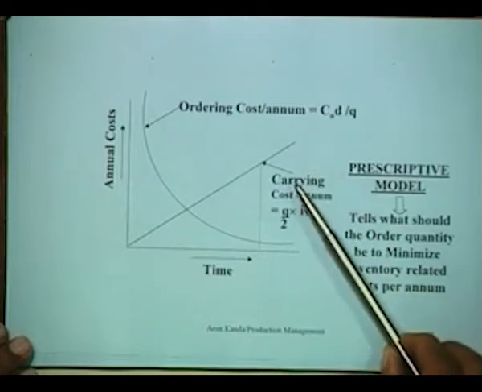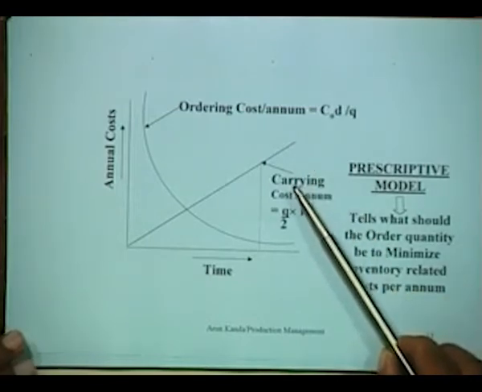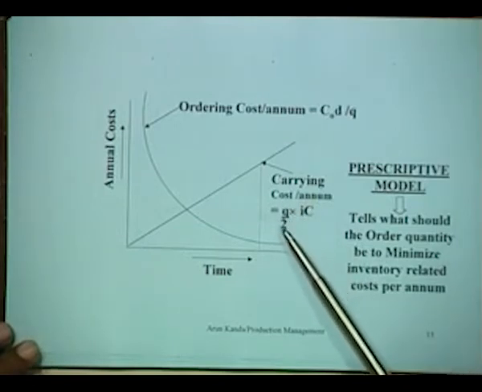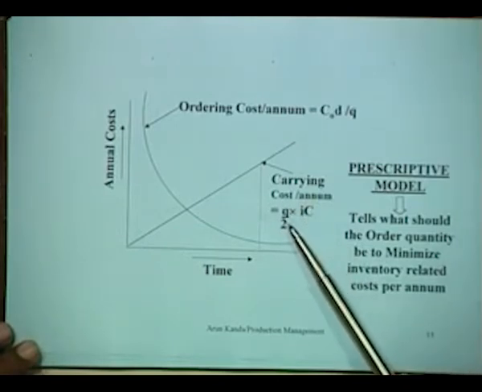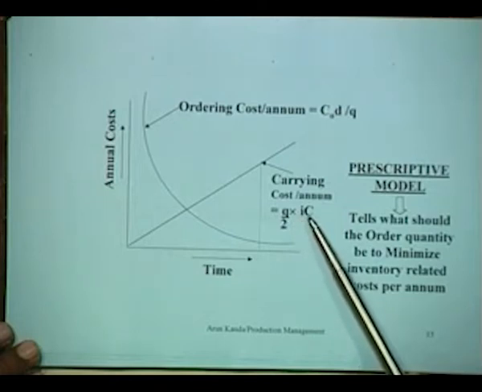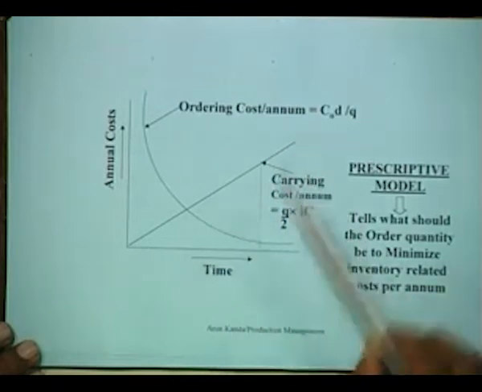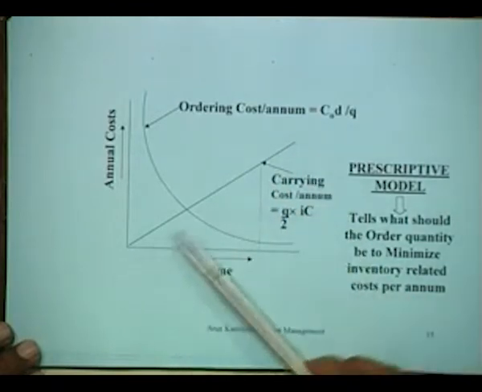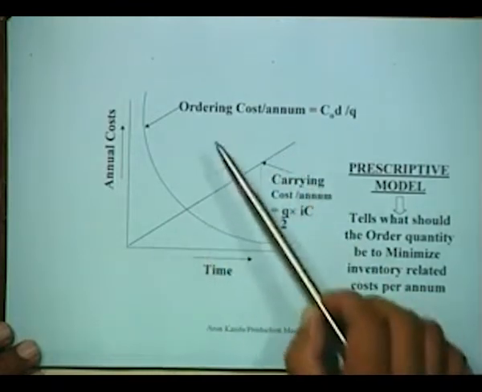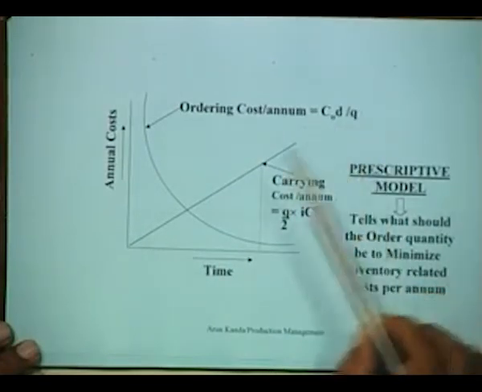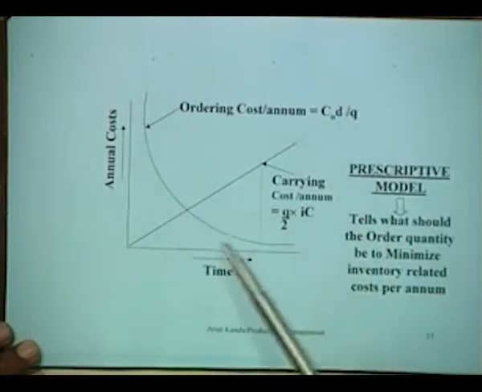The carrying cost is the cost of keeping the inventory in stock, which would typically be, say, the average inventory level Q by 2 into I, the interest rate, into C, which is the item cost. So you have a straight line variation for the cost here, and the ordering cost per annum is C0D by Q. So this particular function would be something like this.